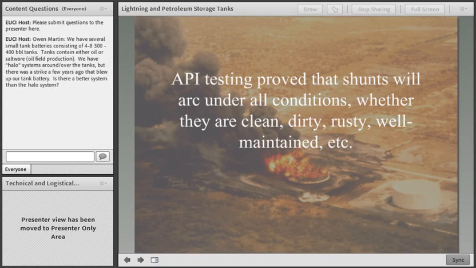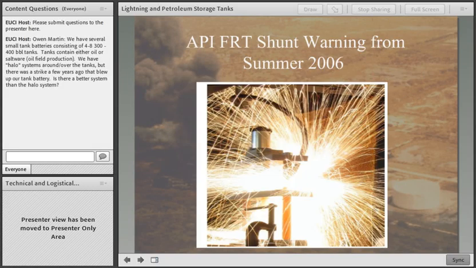And so often tank fires were blamed on these shunts being poorly maintained. Well, as it turned out, a clean shunt on a clean tank surface will arc during lightning conditions. So it really doesn't matter if the shunt's clean or rusty or not. You will still have arcing at the shunt during a lightning event.